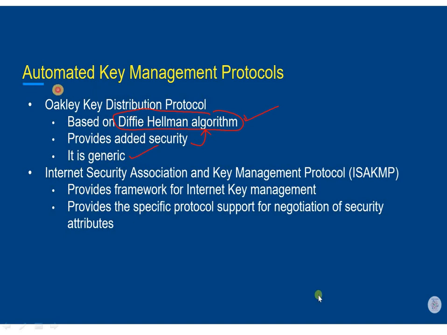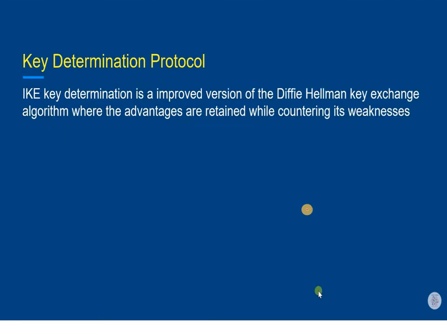It is generic in nature, whereas ISAKMP provides the framework for internet key management and the specific protocol support for negotiation of security attributes. We have seen the negotiation step, key exchange step and authentication step in the previous discussion. The key determination protocol is the improved version of the Diffie-Hellman key exchange algorithm.